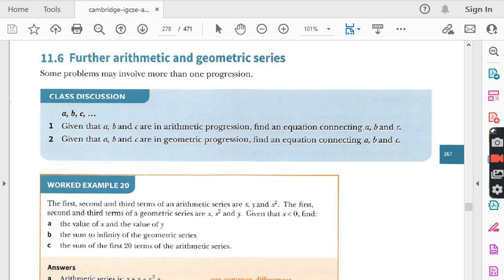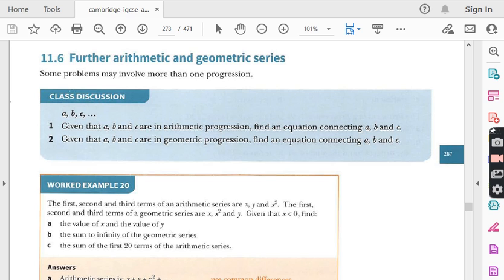Students, in the last lecture we finished exercise 11.5, and the topic was geometric progression and the sum of an infinite geometric series. Today we are going to start the last exercise of chapter number 11, and the topic is, as you can see on the screen, further arithmetic and geometric series.